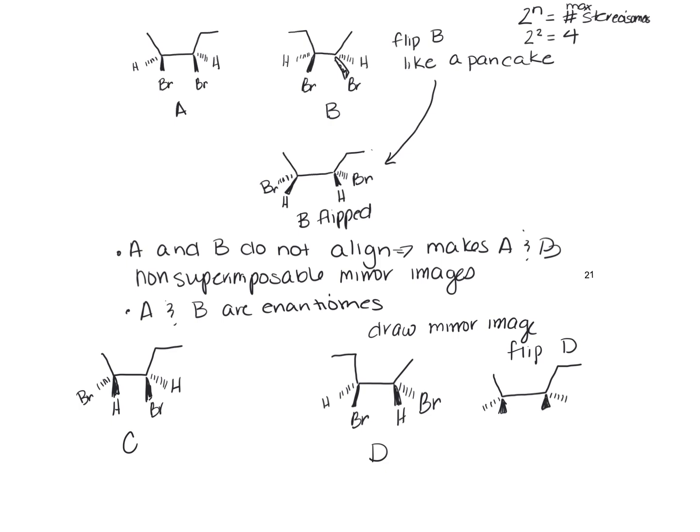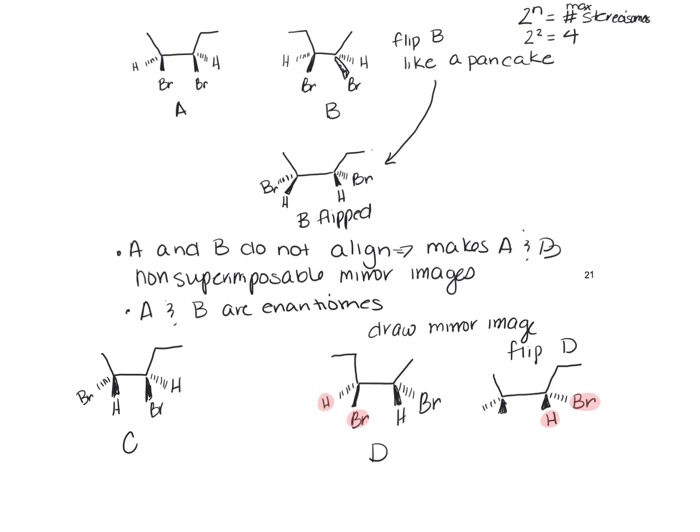Okay, so we're going to flip it here, and you should see where the H is on the wedge, and then the Br is back. And so again, what we're looking at here is that H, and we flip it, now it's poking out. I've got this Br, and now that Br is back.